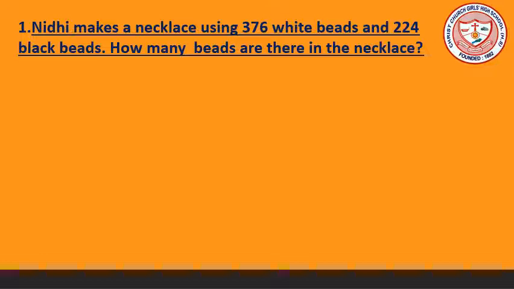So children, here we have to find out how many beads are there in the necklace. And from the problem, we can see that Nidhi makes a necklace using white beads and black beads, right? So we have to find out the total number of beads in the necklace. So what we are going to do? Correct, we are going to do addition, right?